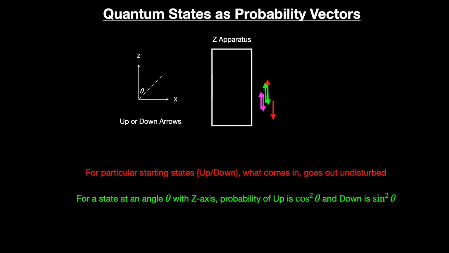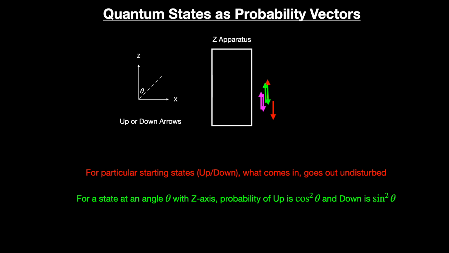However, if I do this experiment, it turns out that while cosine square theta rightly tells me the probability of observing an up arrow, sine square theta tells me the probability of observing a down arrow. Now, if this was really a vector in the way that we have represented here, then cosine theta is the projection of this vector along the z direction, whereas sine theta is the projection of this vector along the x direction.